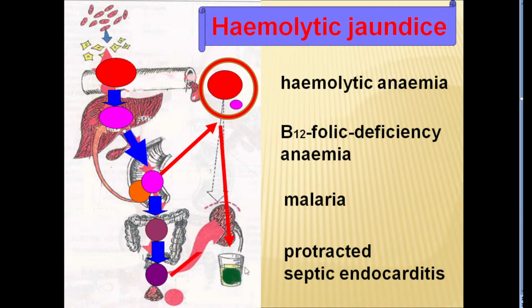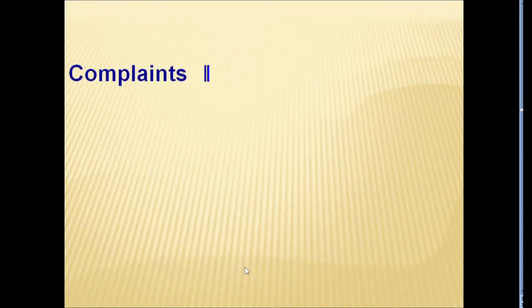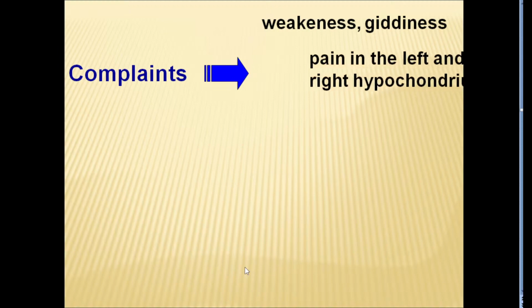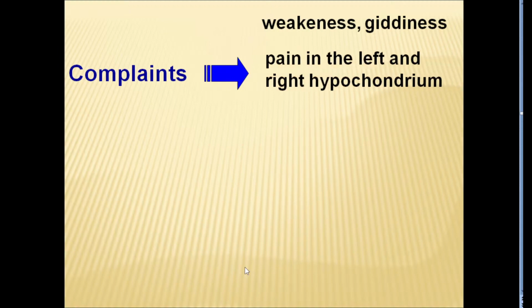What problems will this patient have? The patient complains of weakness, sometimes giddiness, decreased work capacity due to anemia, because we remember the cause of hemolytic jaundice is destruction of erythrocytes, hemolytic anemia being the other one. The patient feels discomfort or pain in the left and then right hypochondrium.